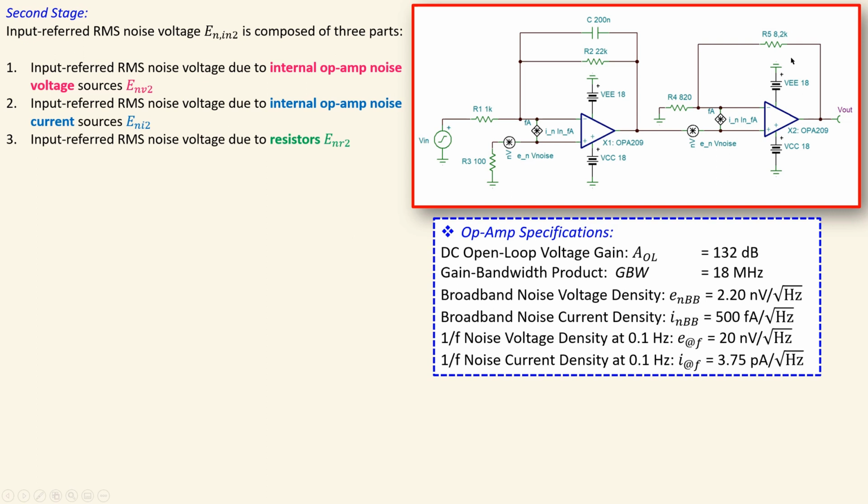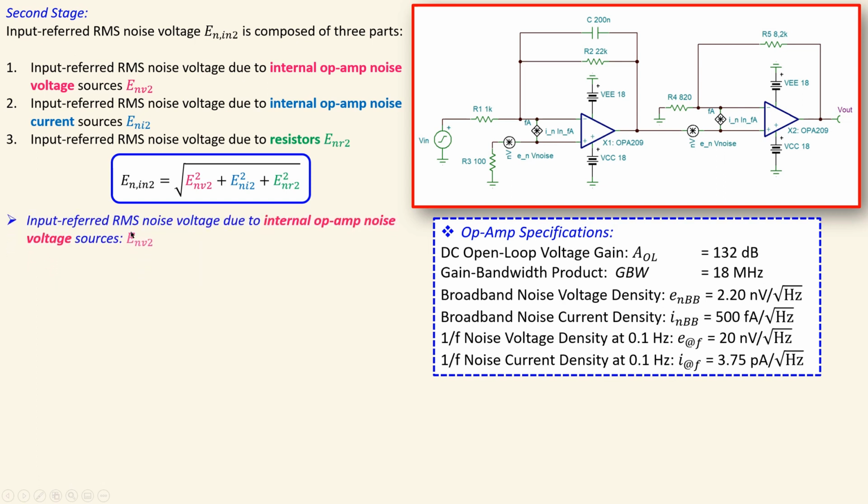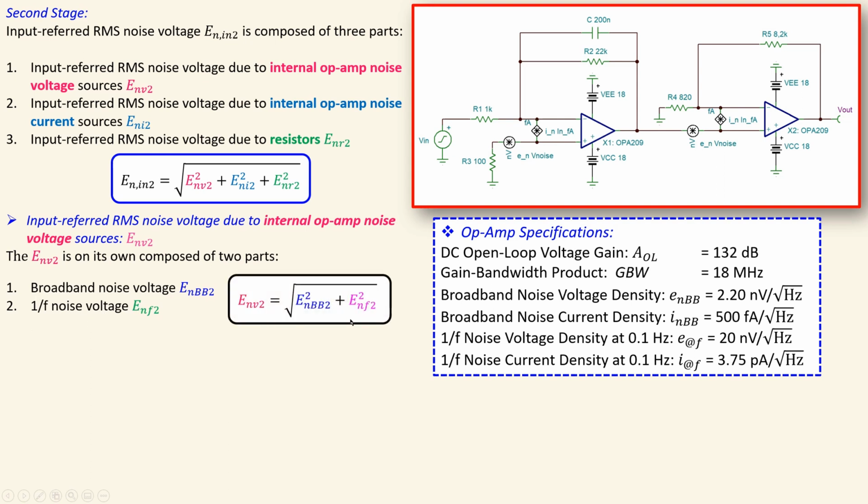And that will be, of course, reflected in the output, and we will see what kind of effect it has on the total output noise voltage of the circuit. Again, using this formula, specifically for the second stage, the input referred RMS noise voltage due to that noise voltage source is composed of two parts, the broadband and the 1/f noise part. This is the formula. We have seen also that for the first stage.